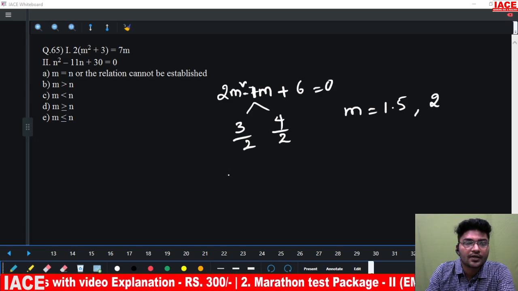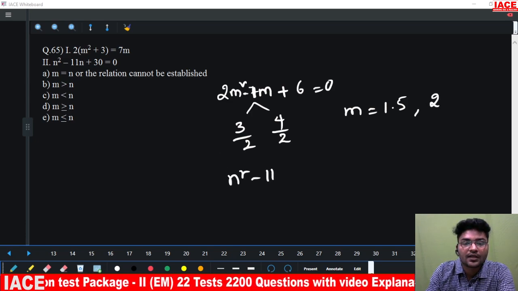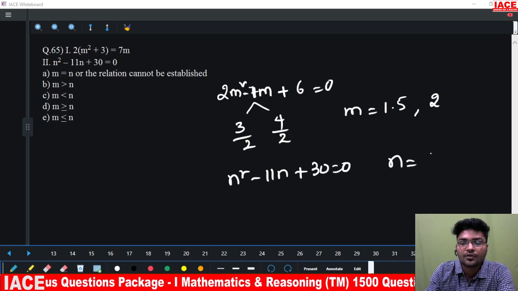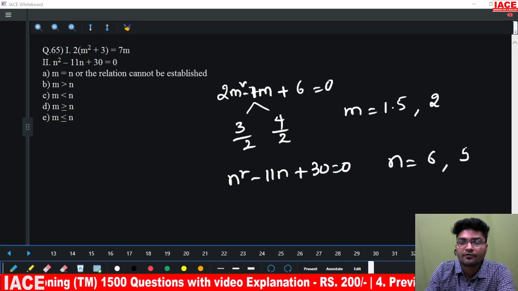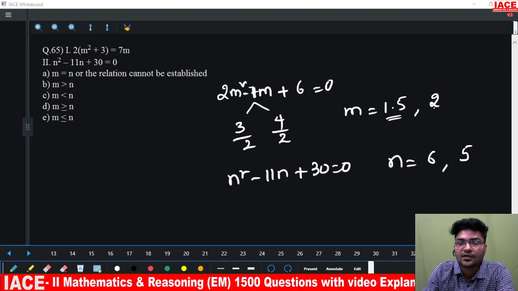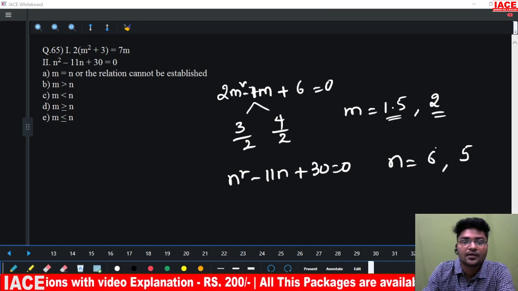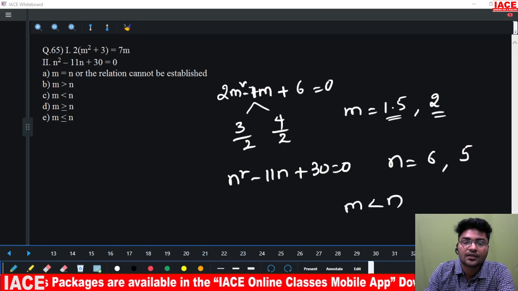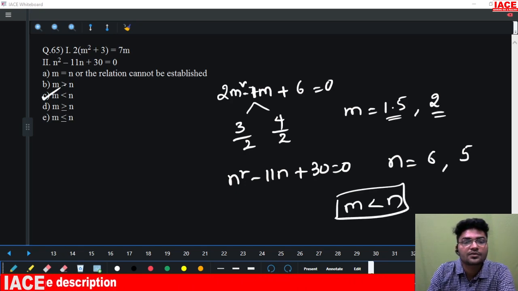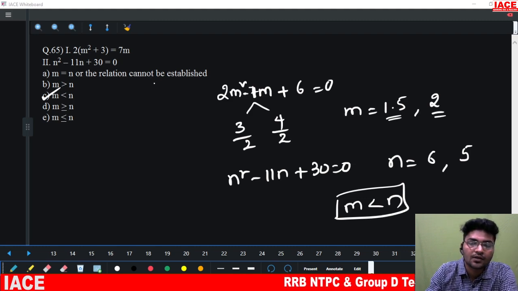Next coming to your n square minus 11n plus 30 equals to 0. So n value comes out to be 6 and 5. That means if I take 1.5 less than n, if I take 2 again less than n, that means m is less than n. M is less than n means the correct answer will be option C.